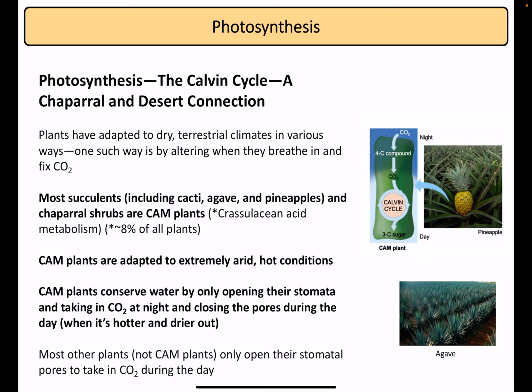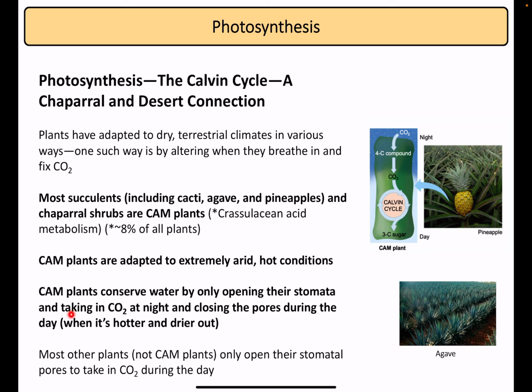So think about our native plants. They're really well adapted to hot, dry conditions. So plants in the desert, plants in the coastal sage scrub, plants in the chaparral. Most of these are considered what we call CAM plants. And it's these plants that are able to minimize the loss of water because they only open their stomatal pores during the nighttime. And they keep them shut during the day so that they don't lose water during the hottest part of the day.